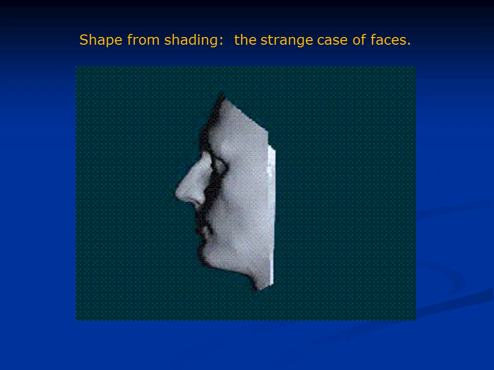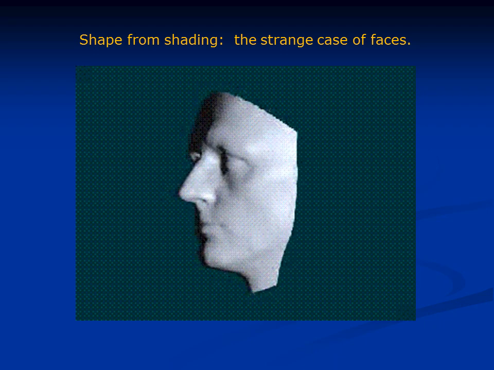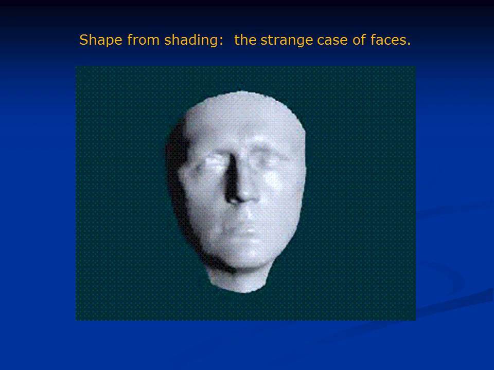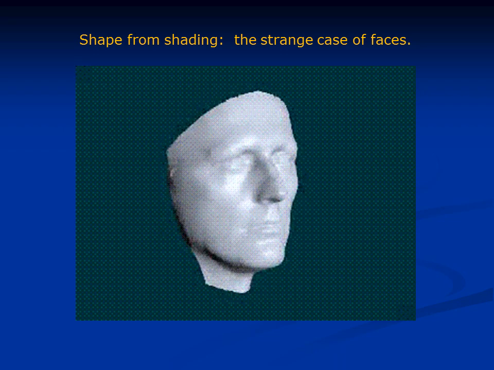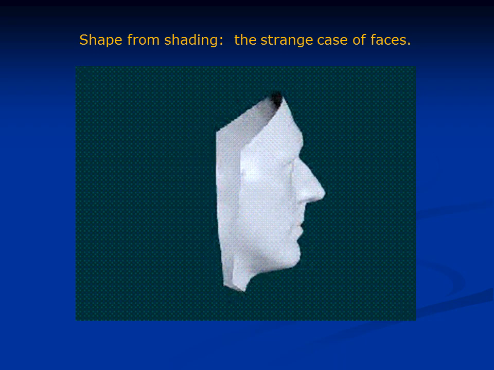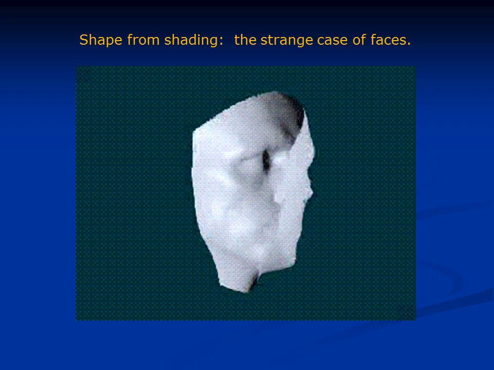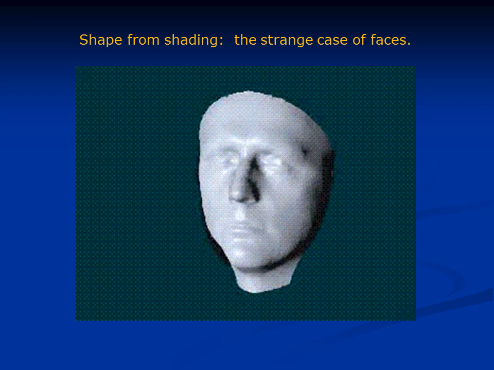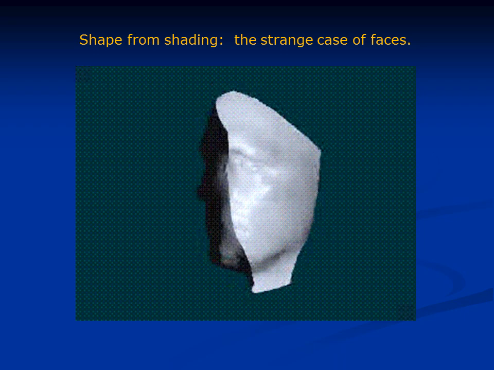Well, why is this? And this is no trickery. I'm not messing with you here. This is because we see faces always, always, always as pointing towards us. I have yet to see a concave face. They're always convex, pointing out. So when your visual system sees a face, even though it's pointing away from you, it says that can't be.